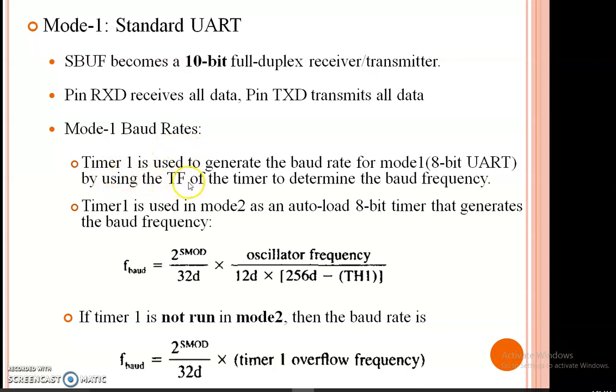As I said earlier, timers are used to provide the transmission speed, nothing but the baud rate for serial communication. So these are the formulas you can utilize to provide the baud rate: how to select the timer and how much data you have to store into the timers. These formulas are provided to calculate the baud rates.